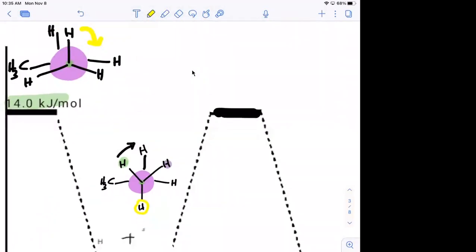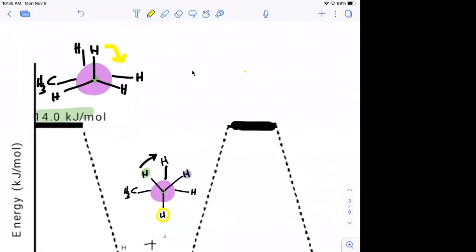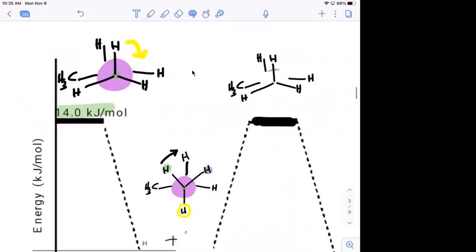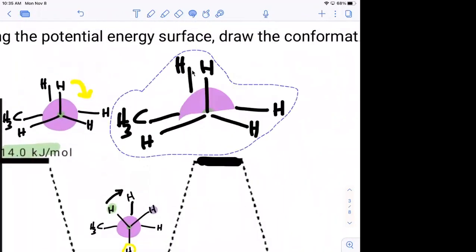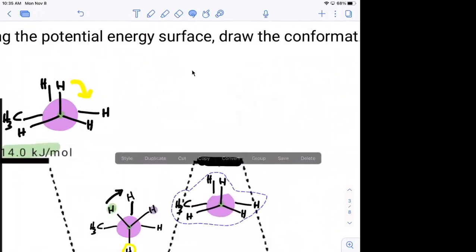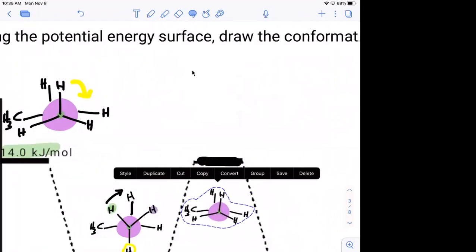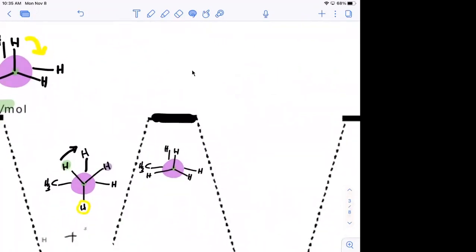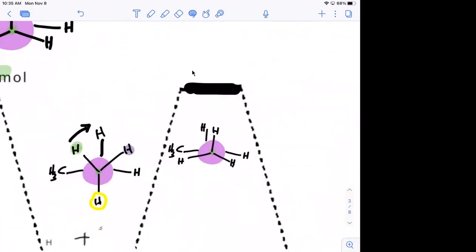And where would that yellow hydrogen end up? Would it be on the top left? I'm going to put it here in this well, because when I put that white writing over that, it kind of screwed it up. So think about it. We're going 60 degrees clockwise, so everything is going this way, right?